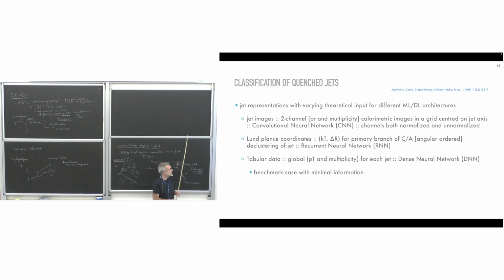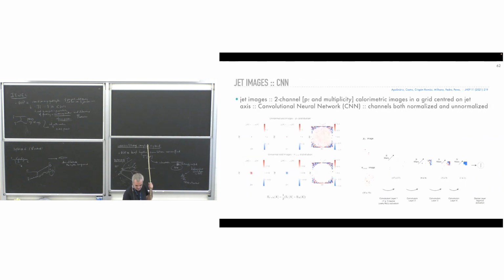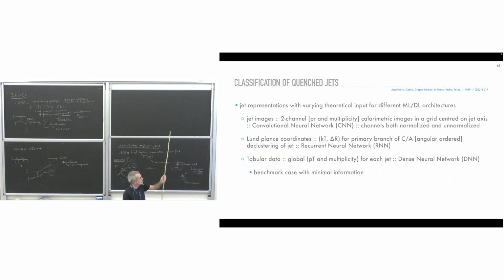I won't describe any of the details, because I want to finish at the hour. I'll just go to the conclusions. This is work that looked at many machine learning architectures that take different inputs.